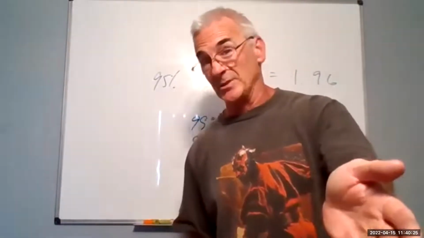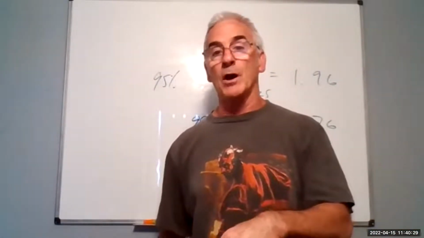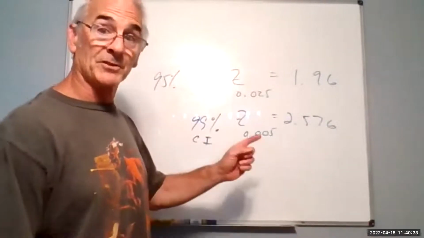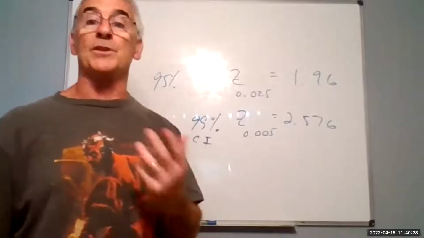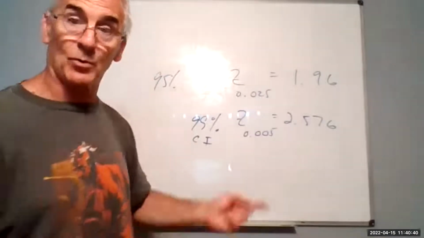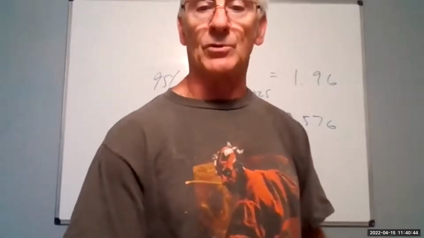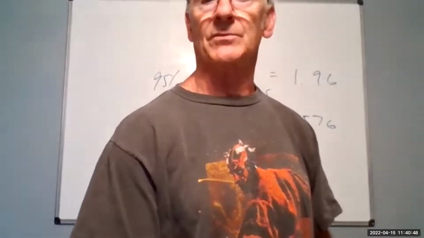Kind of like what we just did with Densa, which was the bottom 20%. I would have to look that number up, because that's not a number I know off the top of my head. But I do know the number for the top 2.5 or lowest 2.5%. That's the 1.96. I know the number for the top 0.5% or bottom. That's the 2.576. And those are the ones we generally use for confidence intervals. Okay, so let's do this. Let's look at this one.